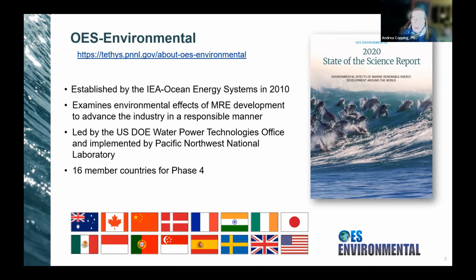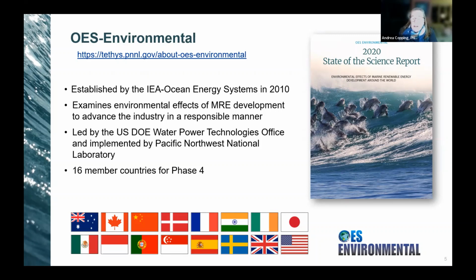In this case, it's the US, and it is the US Department of Energy's Water Power Technology Office who is the lead, along with 2 of our other federal agencies, NOAA and BOEM, and it is implemented by our laboratory, Pacific Northwest National Lab. We currently have 16 members participating, and you can see the flags down there. So it's a really broad-based group across North America, Europe, Asia, and Oceania.